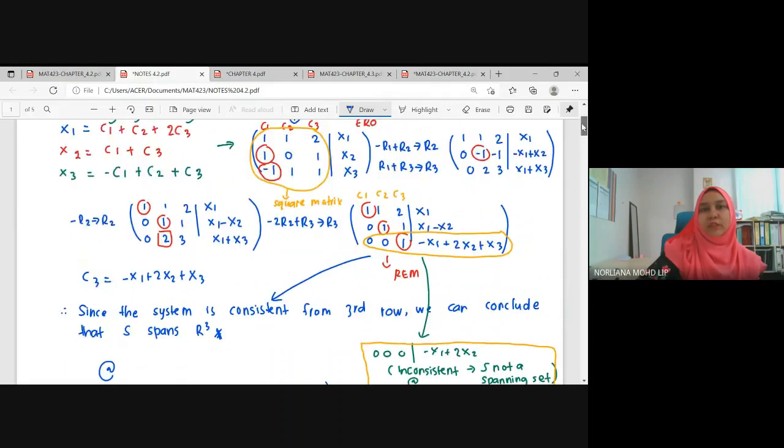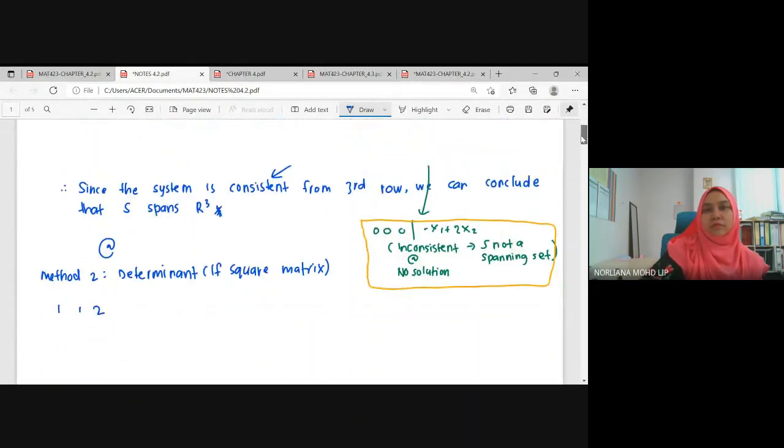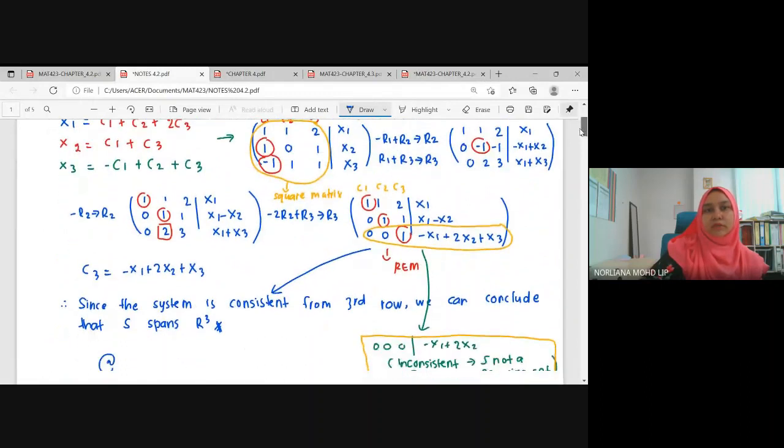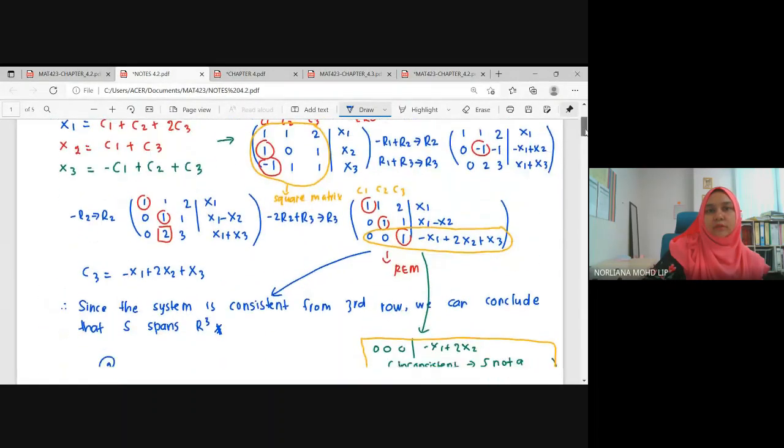Carilah dia punya determinant lah. 1, 1, 2. 1, 0, 1. Take 1, 1, 1.